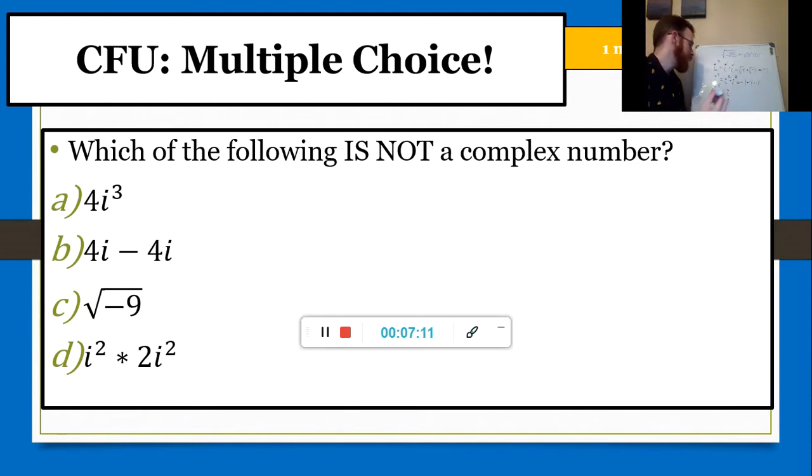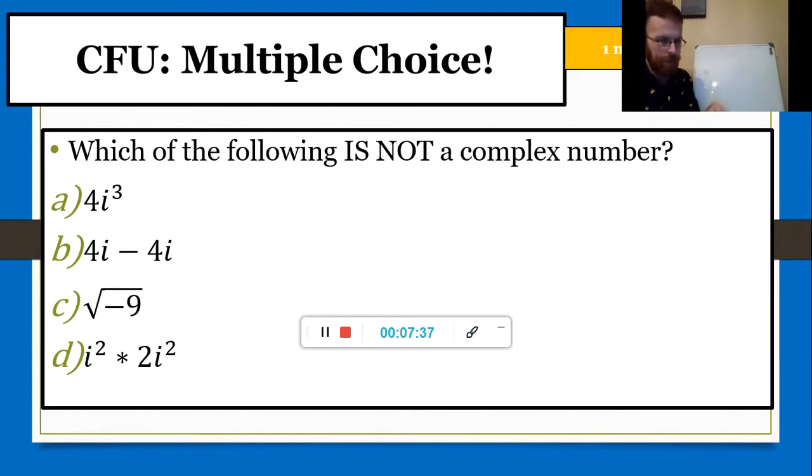Meaning, which of these does not have an i? You want to find the answer that does not have an i. You have 4i to the third, 4i minus 4i, square root of -9, and i squared times 2i squared.